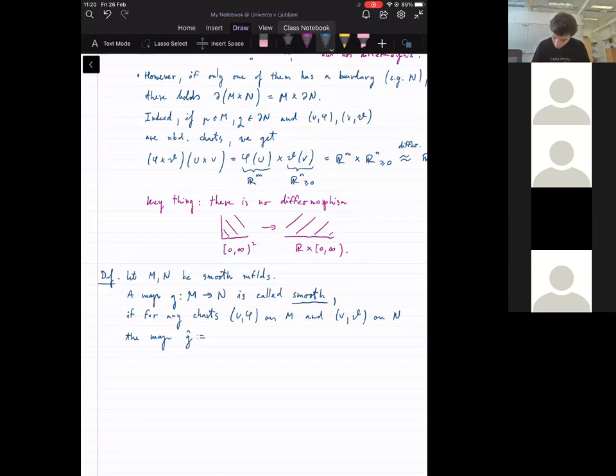So if the map theta of the restriction of G to U cap G to the power of -1 of V, and of theta inverse, phi inverse, if this map is smooth.